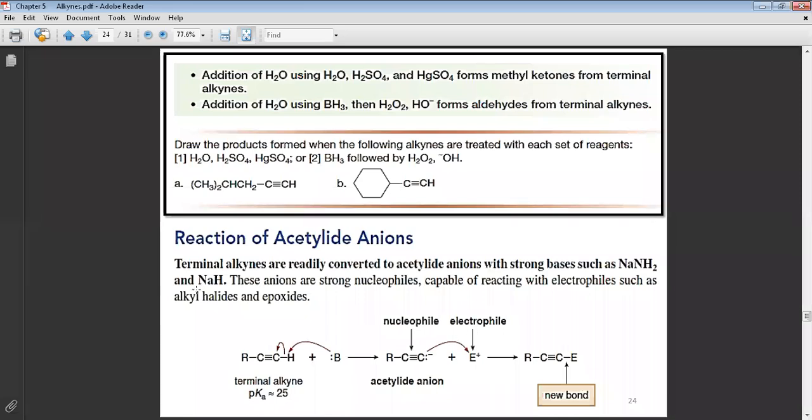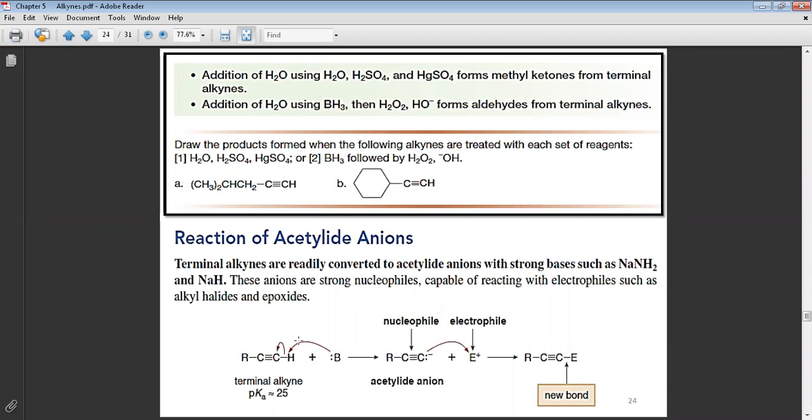He said terminal alkynes are readily converted to acetylide anion with strong base. Why strong base? Because a terminal alkyne is a weak acid, it needs a strong base.